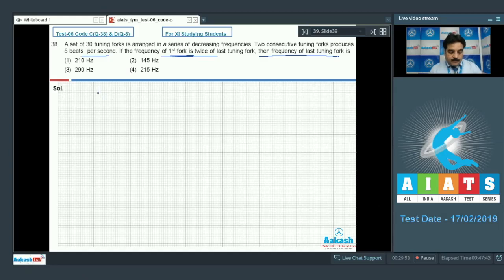Okay. So in this type of question, I would like to suggest you use F1 minus Fn equals (n minus 1) into the beat frequency. You can memorize this. Now I am going to explain this. F1 minus Fn.